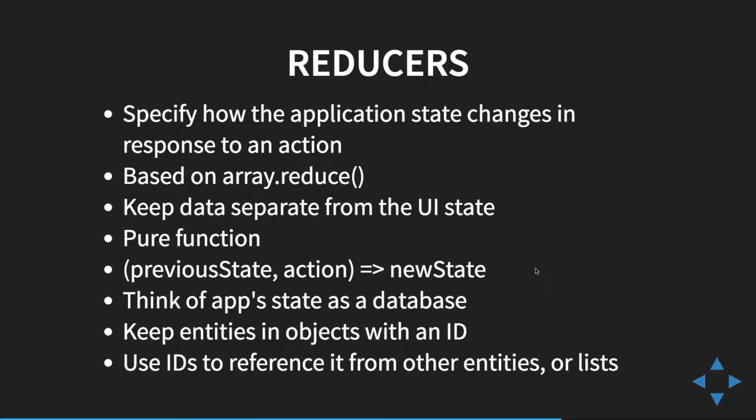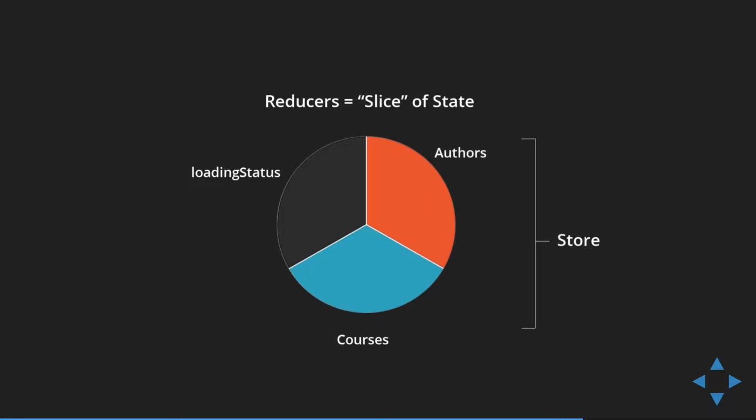You want to think of the app state as more or less like a database of state. And then they keep entities in objects with IDs, and IDs are used for referencing them in other entities or lists.